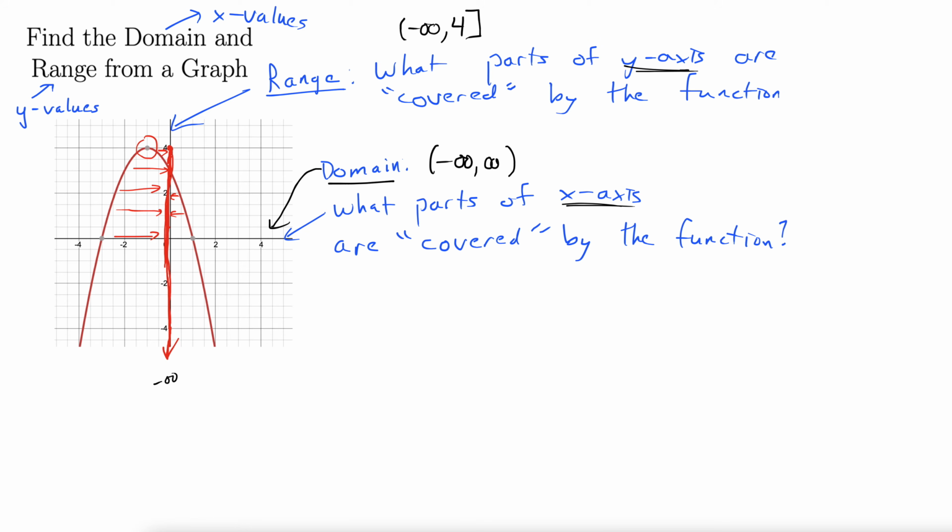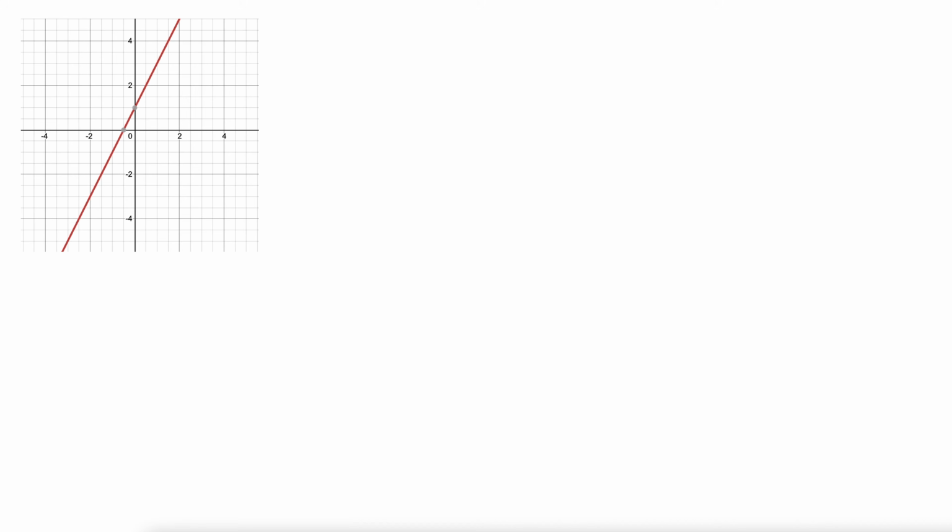Let's try another one. This function represents a line. So a line that just keeps going, so don't be confused by that. It just keeps going off into the infinities there. What's the domain of this? Okay, so the domain, we're collapsing this down onto the x-axis.